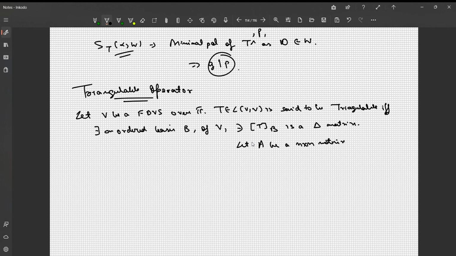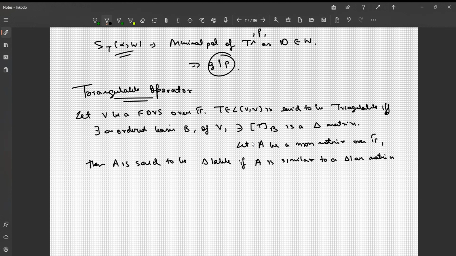Equivalently, we can have a definition for matrices. So let A be an n cross n matrix over a field F. Then A is said to be triangulable if, so what it should be? A is similar to a triangular matrix, right?